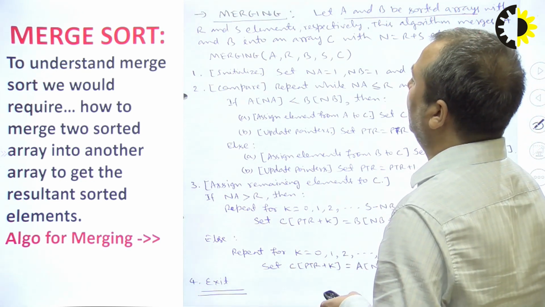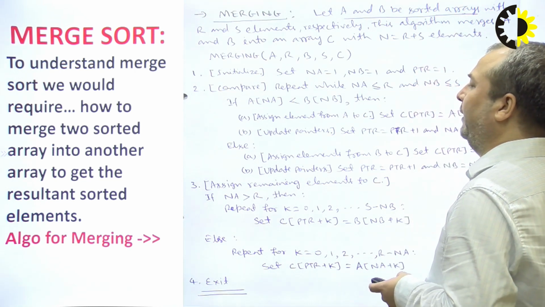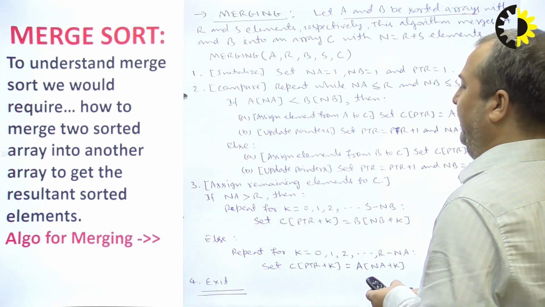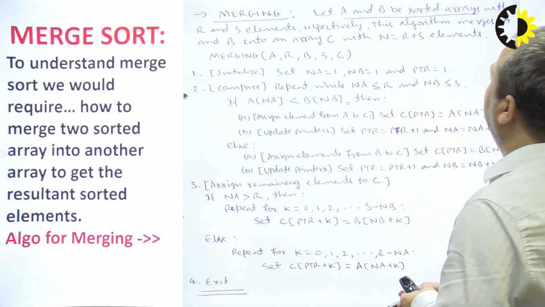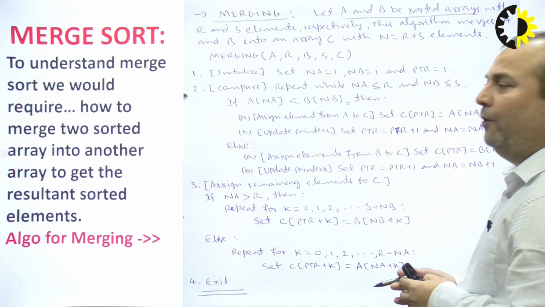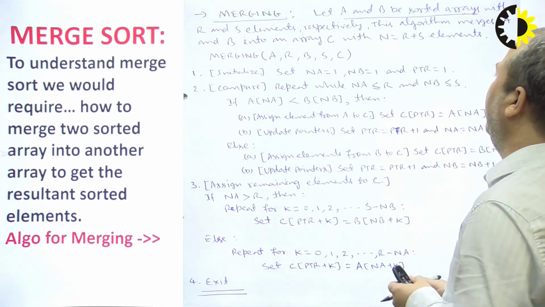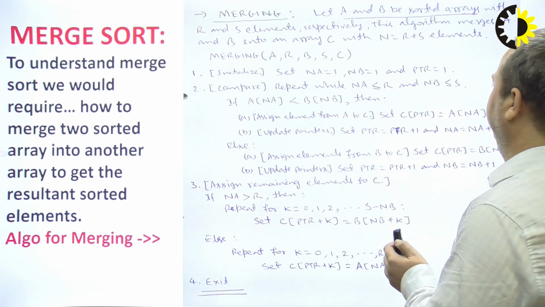To understand merge sort, we require how to merge two sorted arrays into another array to get the resultant sorted array elements. First, what is sorting? You all will know sorting means arrangement of elements in a particular order. In general, we arrange the elements in increasing order, right?